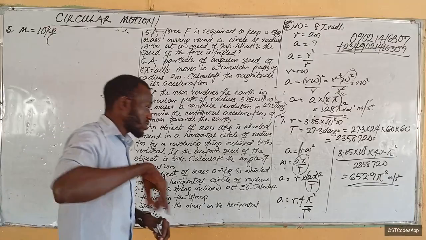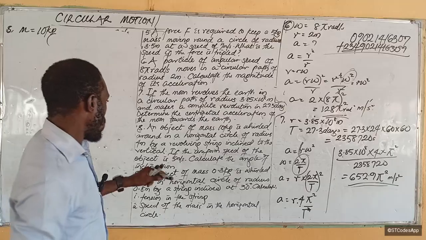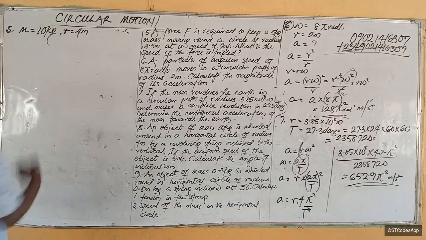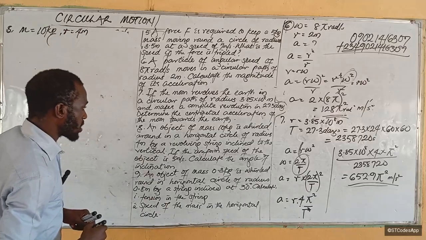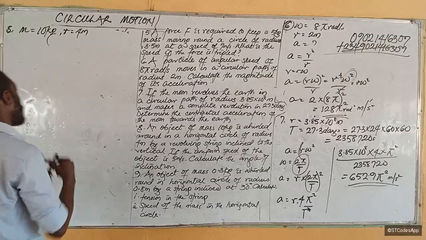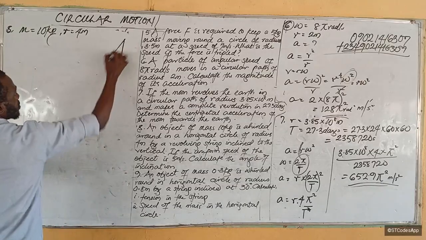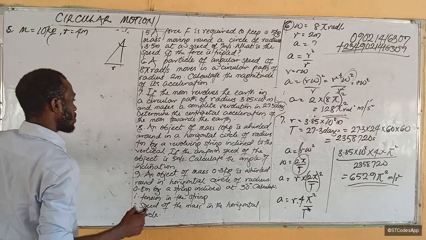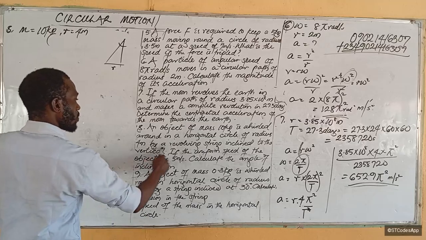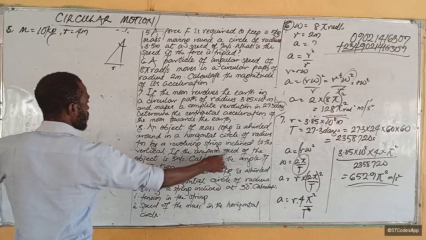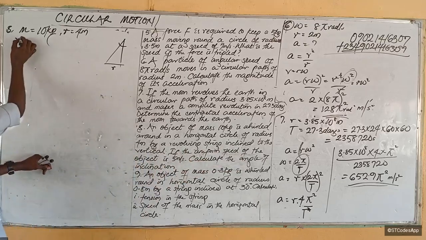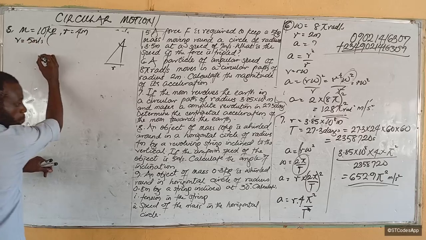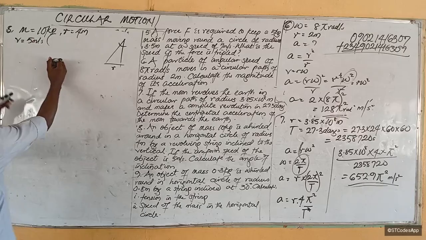Here, we've gotten to horizontal circles now, of radius 4 meters, by a revolving string inclined to the vertical. If the uniform speed v of the object is 5 meters per second, calculate the angle of inclination.